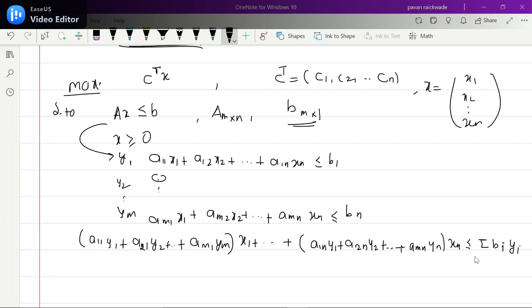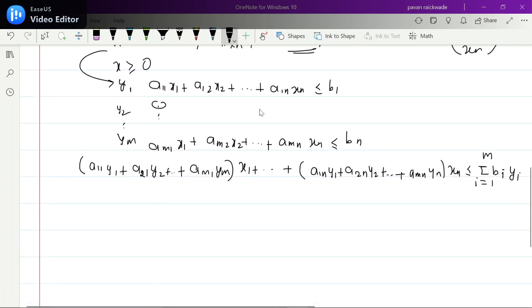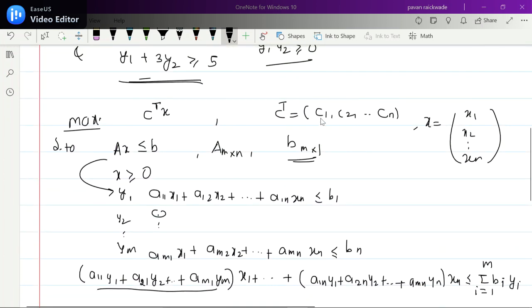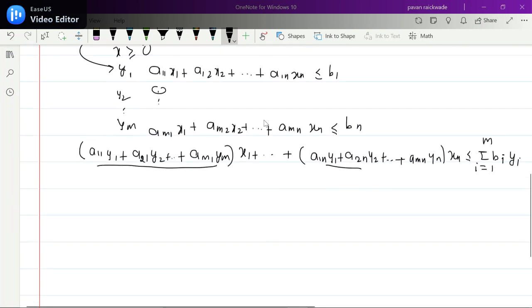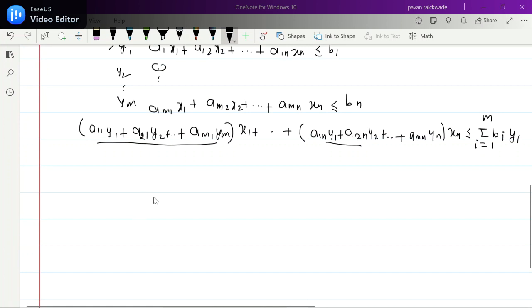I write it in short, i goes from 1 to m, simply the sum of all these multiplied by y's. And as long as the first coefficient is greater equal c1, the second term is greater equal c2, and the nth term is greater equal cn, similar to the 2 cross 2 case, we get the resultant as an upper bound for our function.